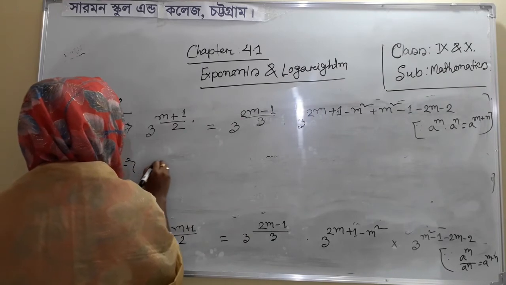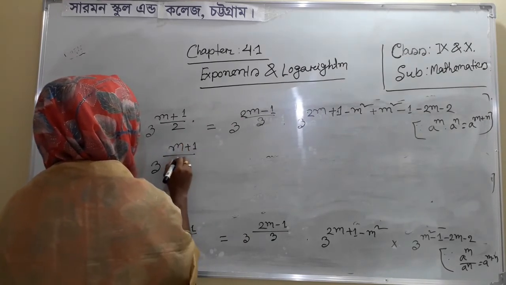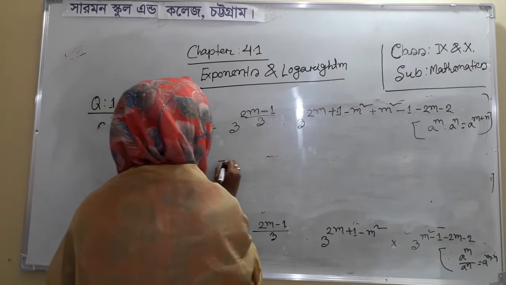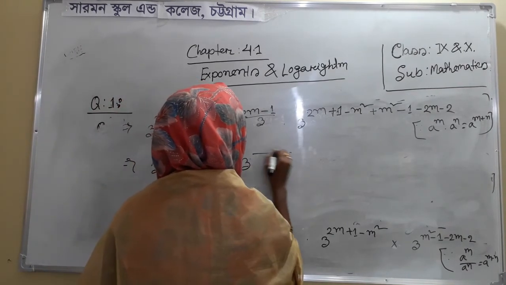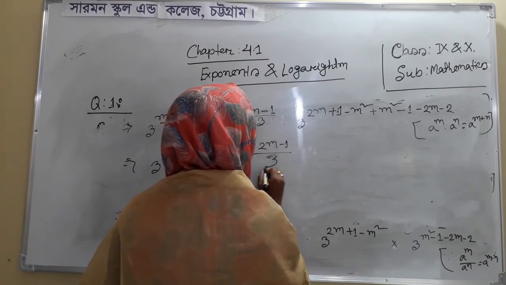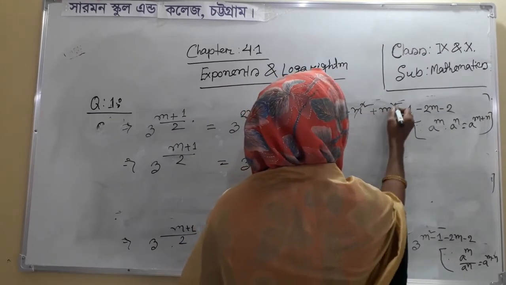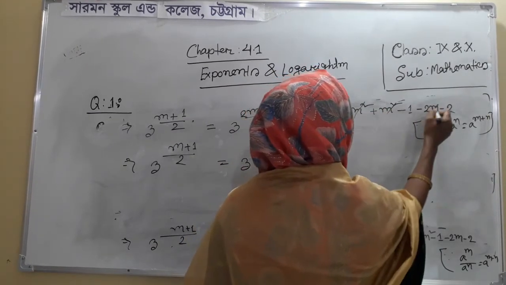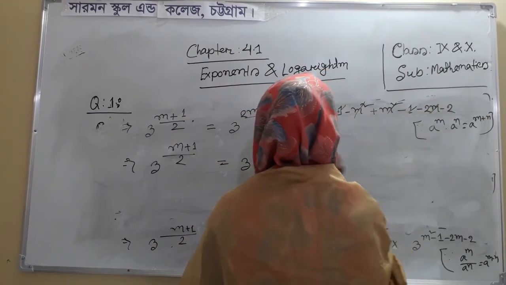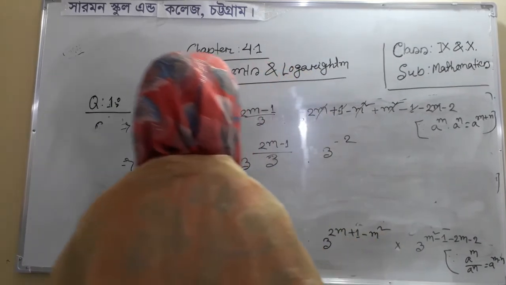Now m plus 1 divided by 2 equals 3 to the power 2m minus 1 divided by 3 into 3 to the power minus 2.